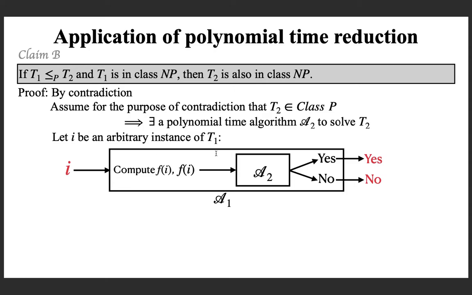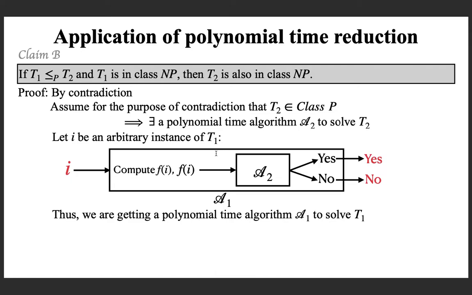It is the same construction. And thus we are getting a polynomial time algorithm A1 to compute T1, and hence T1 must be in class P by definition of class P, because there exists a polynomial time algorithm A1 to solve T1. And in this lecture we are discussing deterministic algorithms. This is a contradiction because we already know that T1 is in class NP, meaning no deterministic polynomial time algorithm exists.